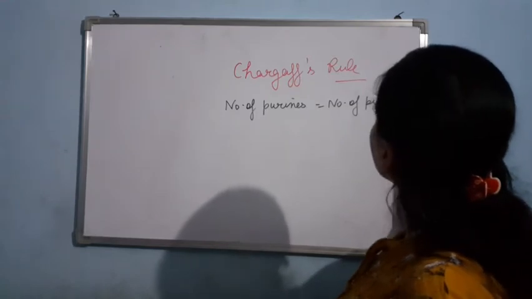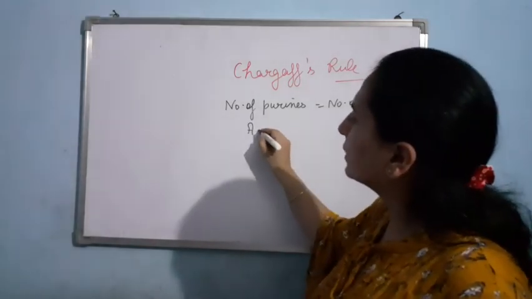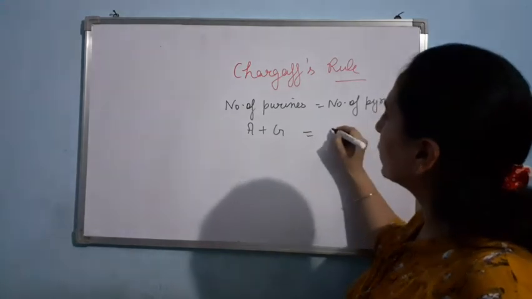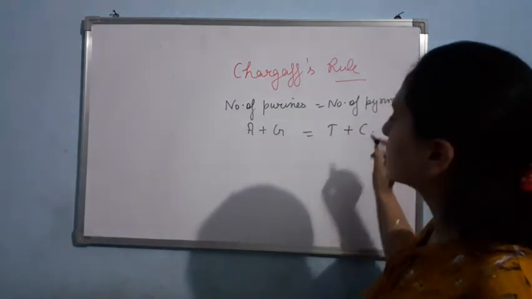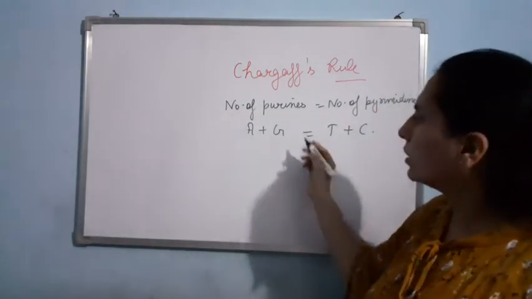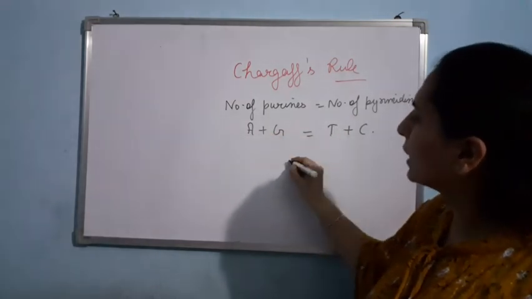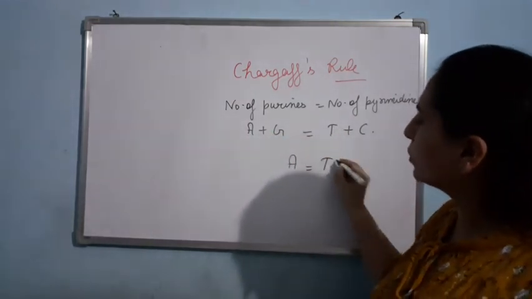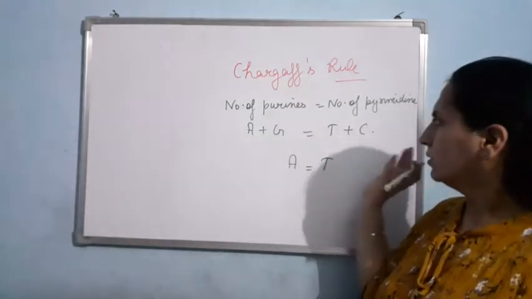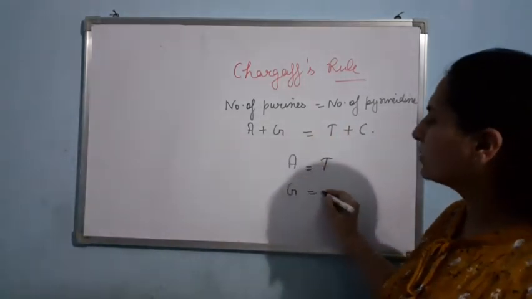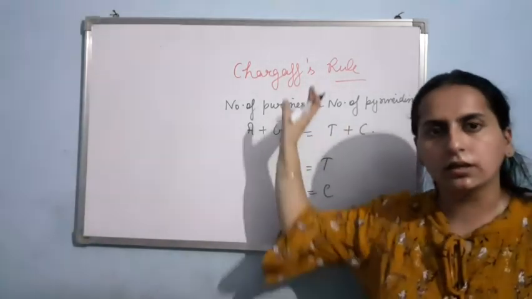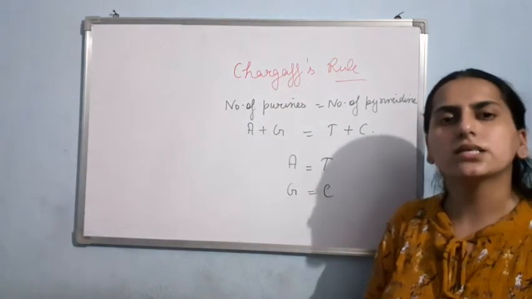Purines, you know, are adenine and guanine. So basically adenine plus guanine is equal to thymine plus cytosine. Clear? Or rather I can also say the amount of adenine is always equal to the amount of thymine, and the amount of guanine is always equal to the amount of cytosine. This is a rule which was given by Chargaff.